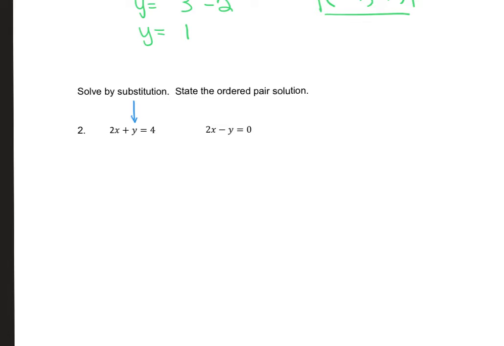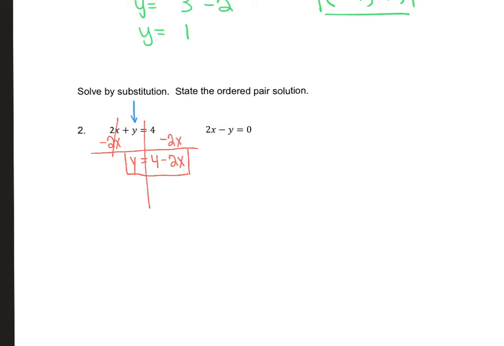So I'm going to go with the one that has the positive y, because in order to isolate it, all I have to do after I draw my line down the equal sign is subtract 2x from both sides. Once I do that, my 2x's zero out. I get y equals 4 minus 2x.